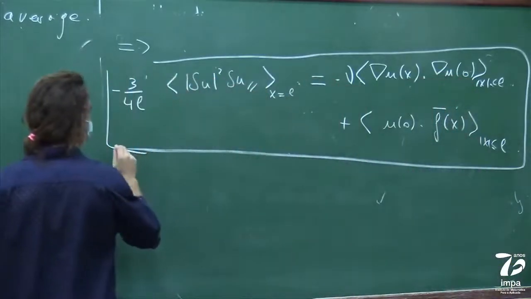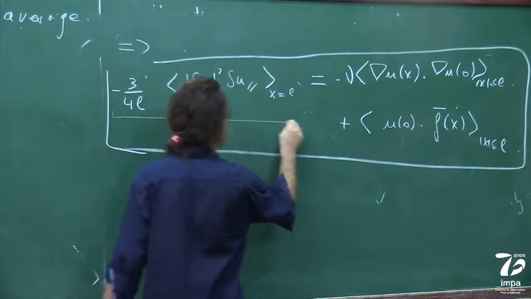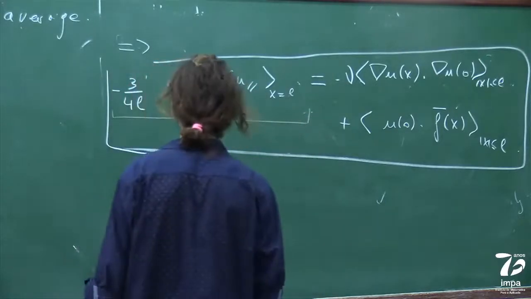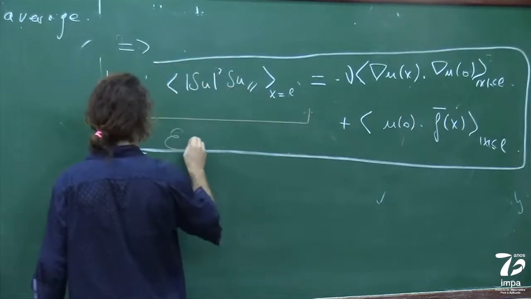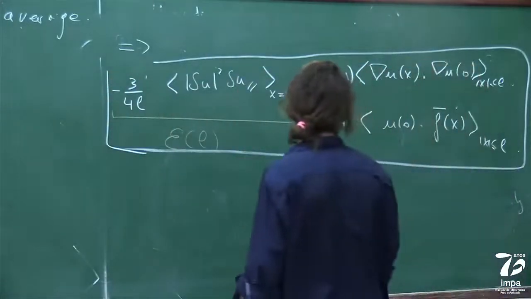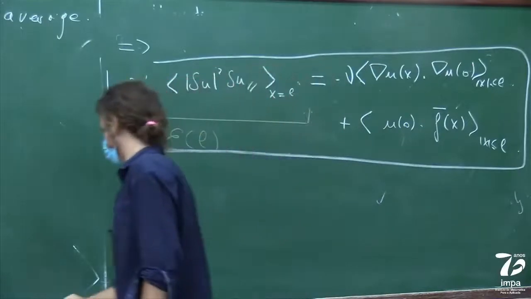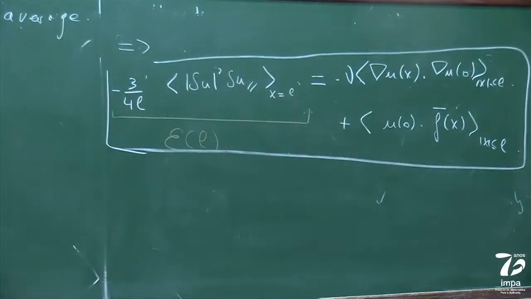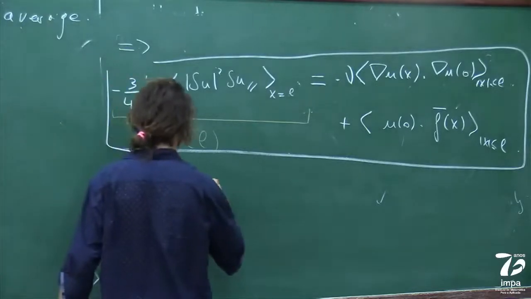And this we may call epsilon L. And then we are going to discuss the implication of this formula. So this is what we may call the scale-by-scale budget.